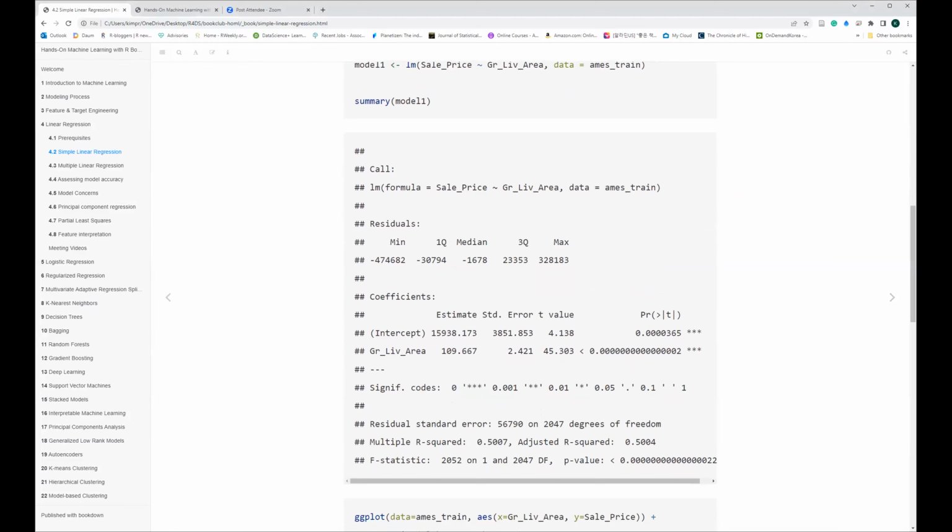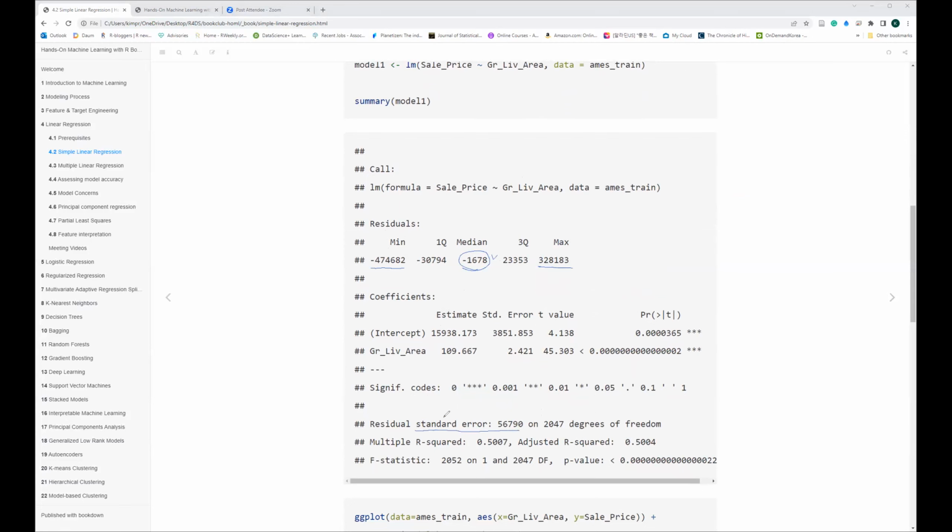For inferential statistics purposes, we can see the residual minimum is like this, the maximum is like this, and the median value is like this. And then there is the residual standard error.